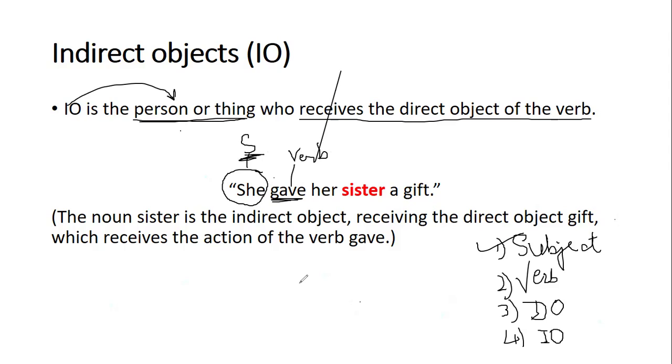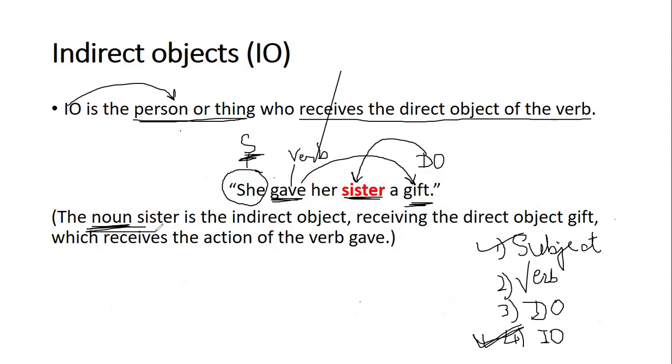Her sister a gift. What did she give? She gave a gift. So gift is our direct object. And to whom was this direct object given? It was given to the sister. So sister is our indirect object. You can see sister is a common noun, right?